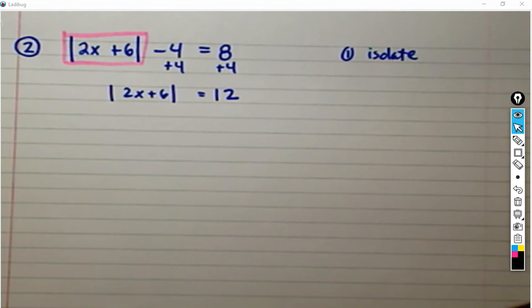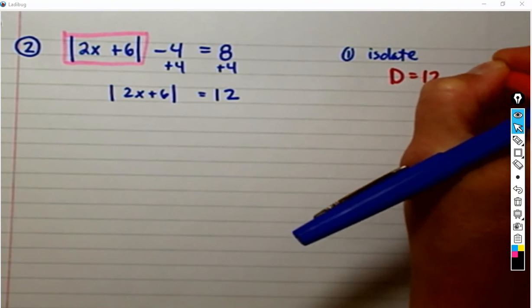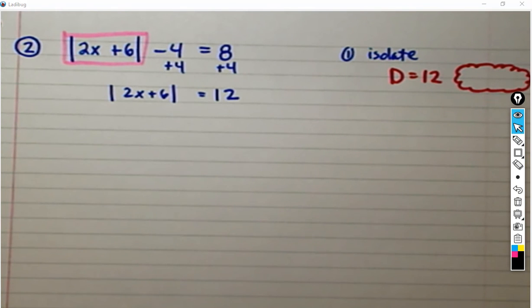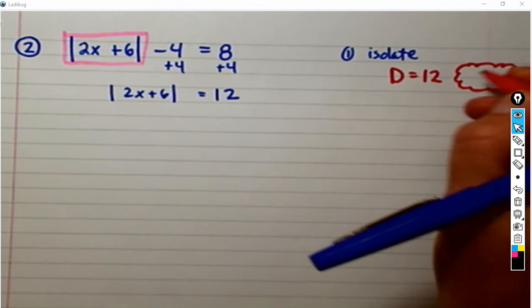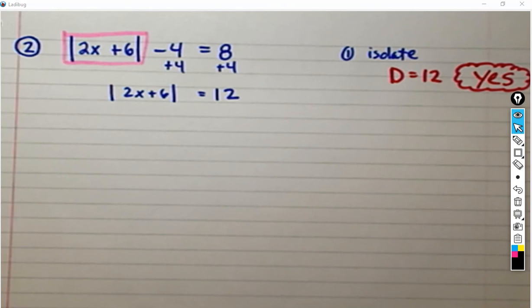And then I'm thinking: can distance be 12? Yes, it can. All right, that means continue.